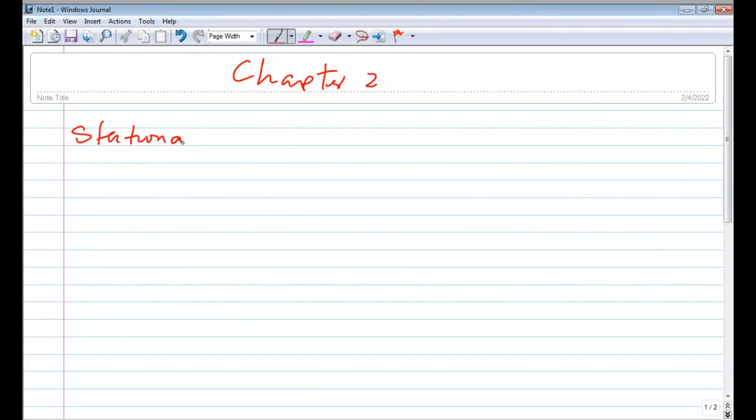Stationary time series. What is a stationary time series? Remember, the stationary that we're talking about is not for the pencil, pen, books, and eraser.